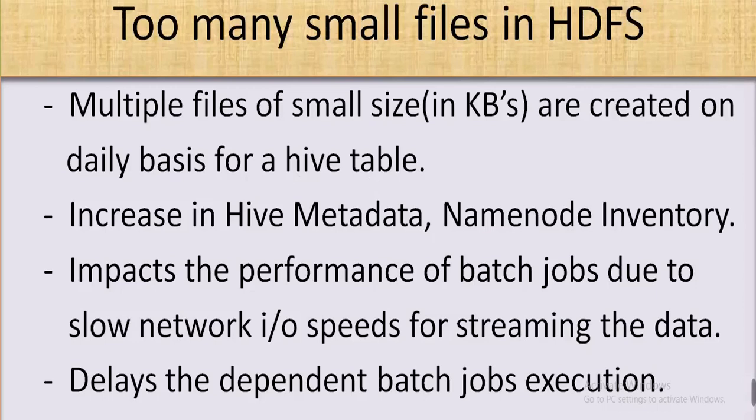Suppose on the first day you create these 4 files, on the 10th day you will have around 40 files, and so on. So ultimately on a daily basis you are getting more than expected, and it increases your Hive metadata and your name node inventory, which you don't want. Remember the HDFS thumb rule: you shouldn't have too many small files in HDFS. HDFS is meant for large files.